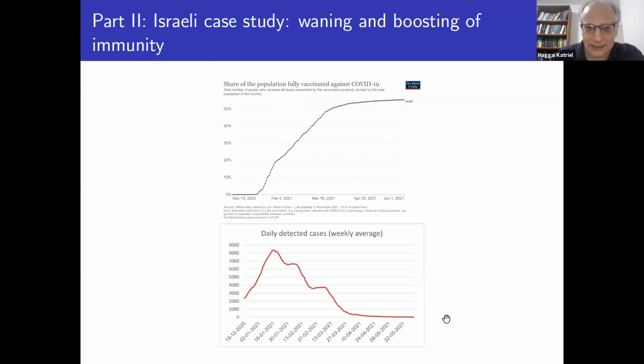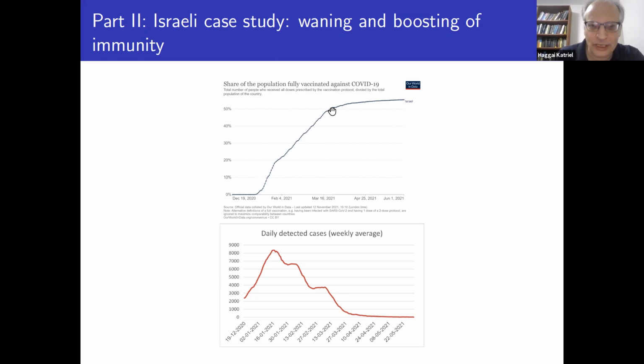Okay. So now I'm going to describe some things that we've been doing. I have to tell you some history of what happened this year in Israel. Vaccination started at the start of January, and we had a very rapid vaccination campaign.